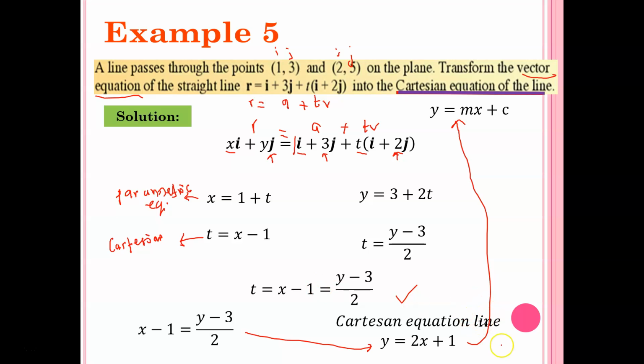But it says the equation of the line, so you have to change it into y equal to mx plus c.